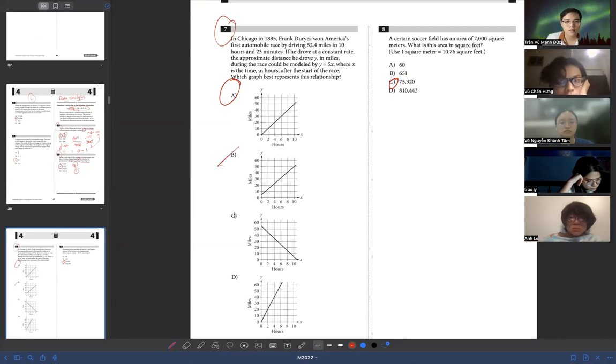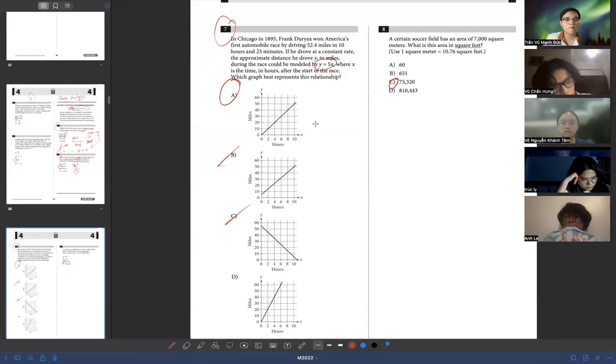And it says that y equals 5x. So I look at A and I saw that 2 times 5 equals 10.